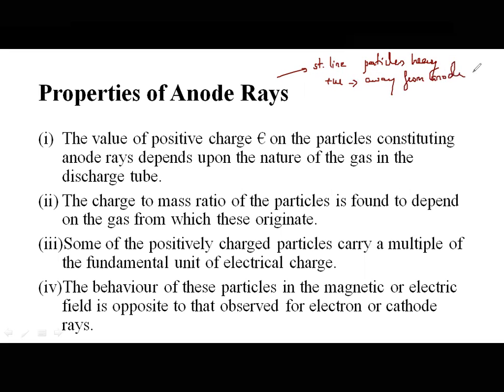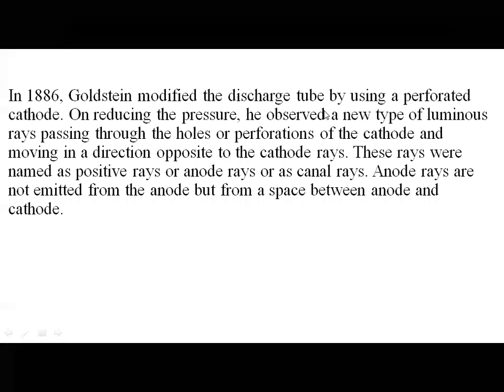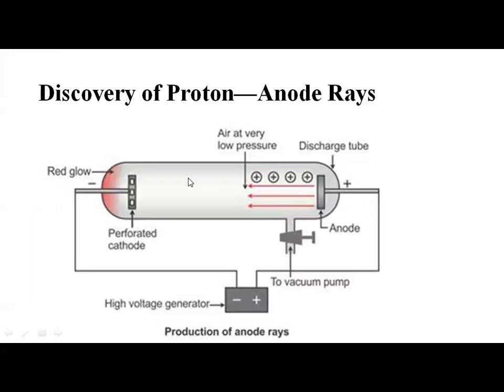Another way you can explain this is, see, they are moving. What did Goldstein do? He used metal plates, electric plates, positive and negative, and he found that the rays which were traveling in a straight line bent towards the negative plate.